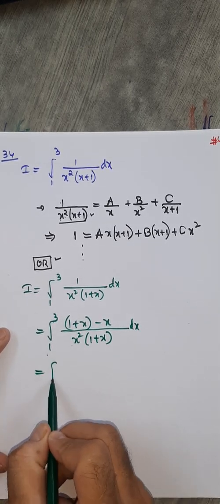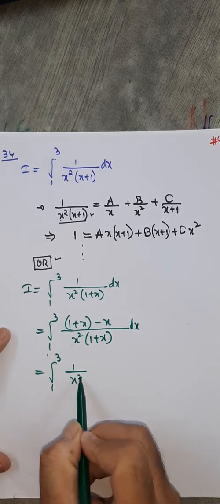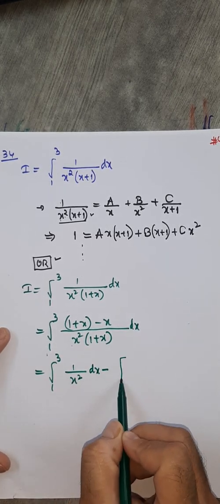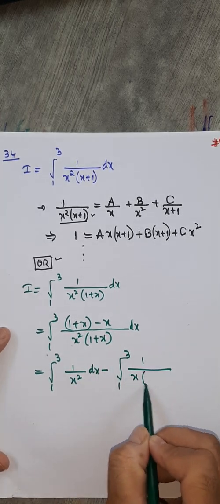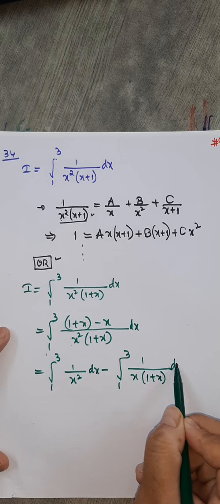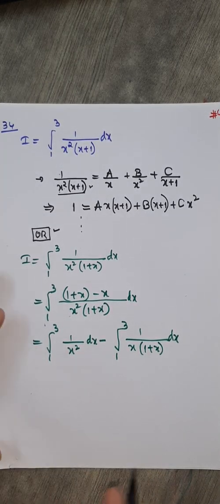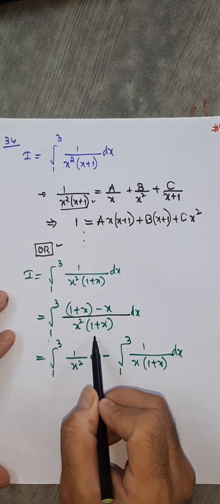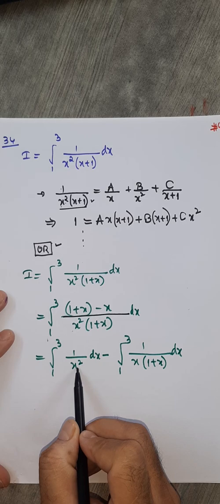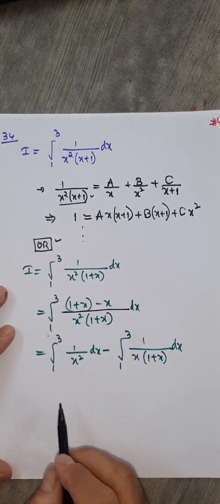Now do individual division. Integral 1 to 3, this upon this is just 1 by x square, minus, for the other integral, this upon this, so you are left with just 1 upon x into 1 plus x. I repeat what I did: individual division, these upon this, so you are just left with 1 by x square, and this upon this, so one x gets cancelled.